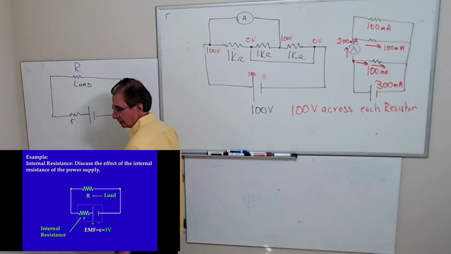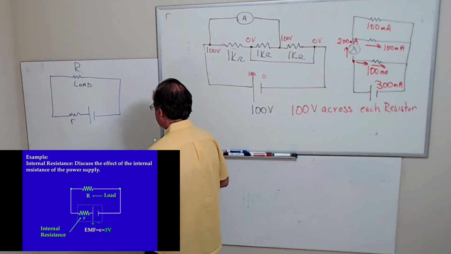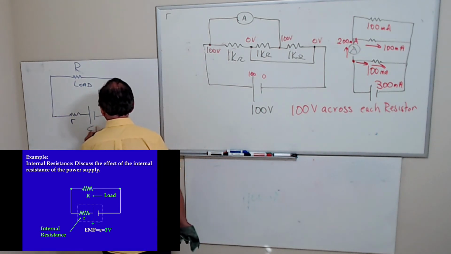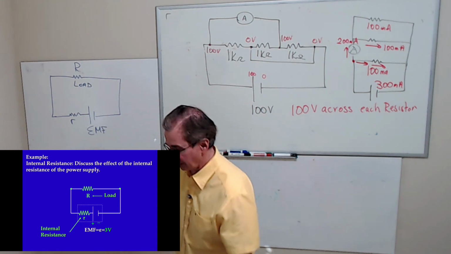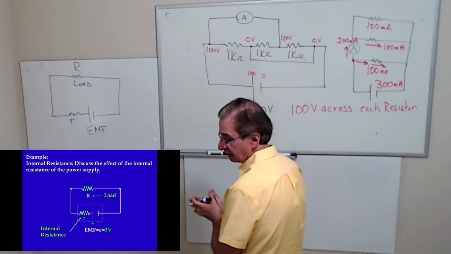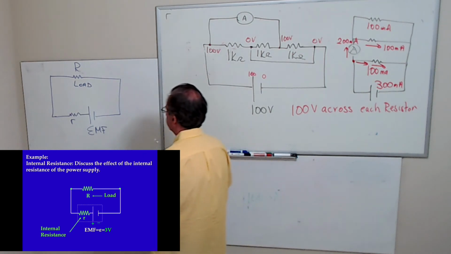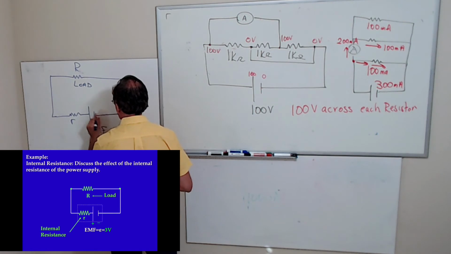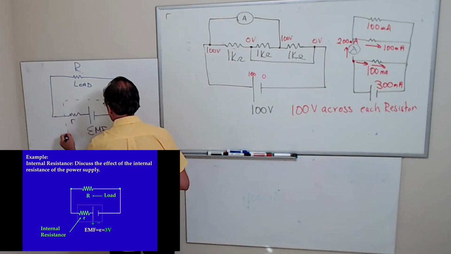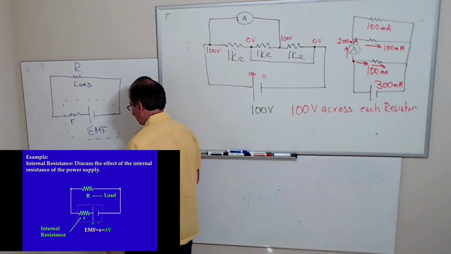This could be a light bulb or whatever. And you're given the EMF of the battery. That's the rating that you get on the battery itself. And we put a dotted line around it to indicate this is all inside the power supply or battery.